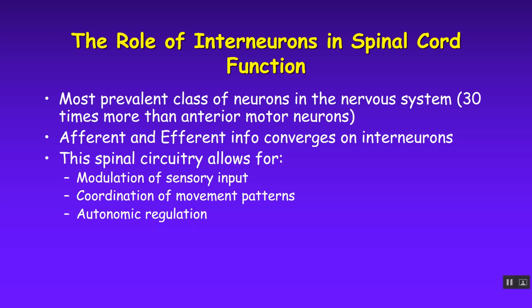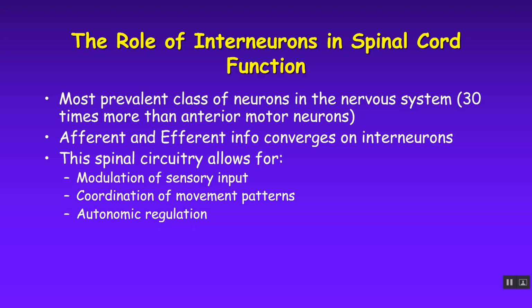So these interneurons are in a great place to take both afferent and efferent information, sensing what is going on in the external environment, the internal environment, and what you're trying to accomplish, and then modulate signals. Just like your cerebellum helps modulate signals from your cerebrum, the spinal cord helps modulate output and signals, okay?